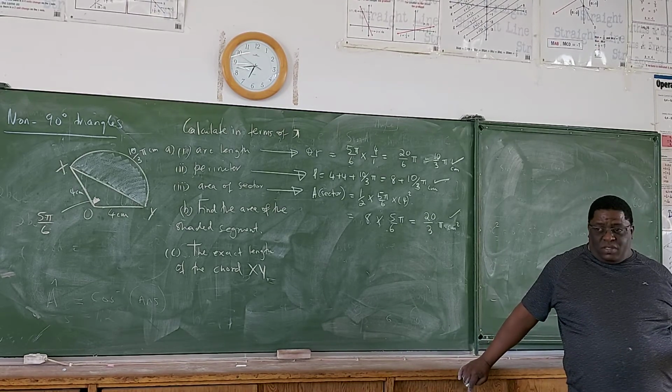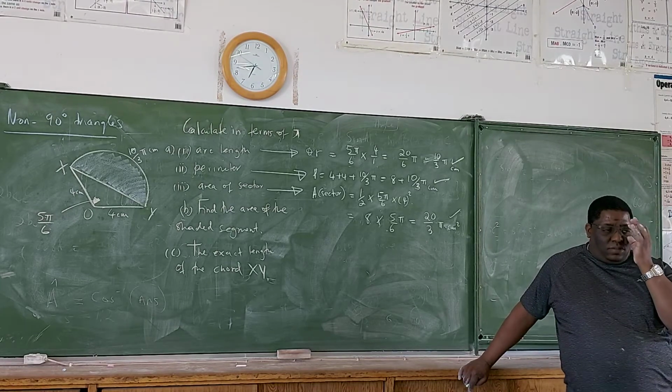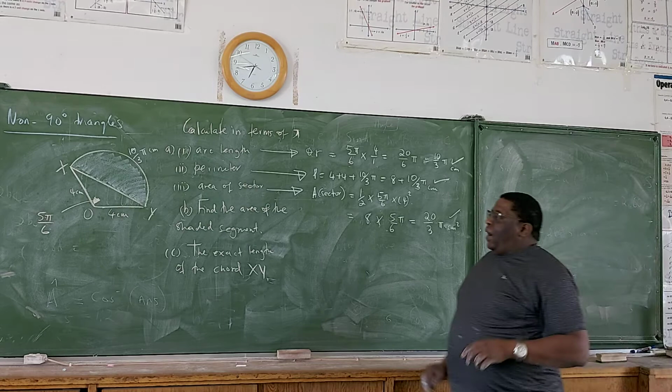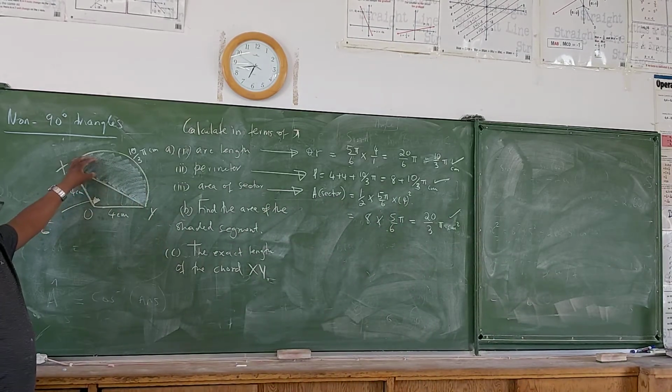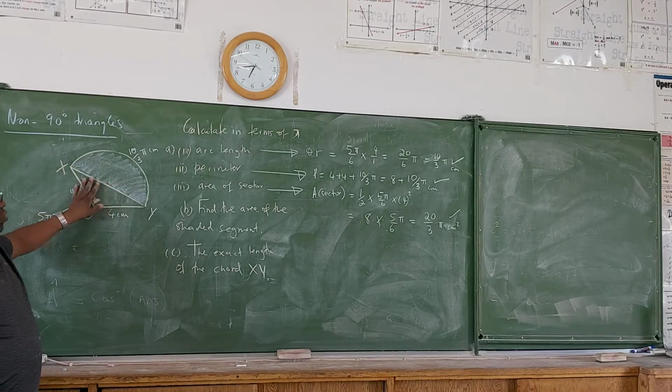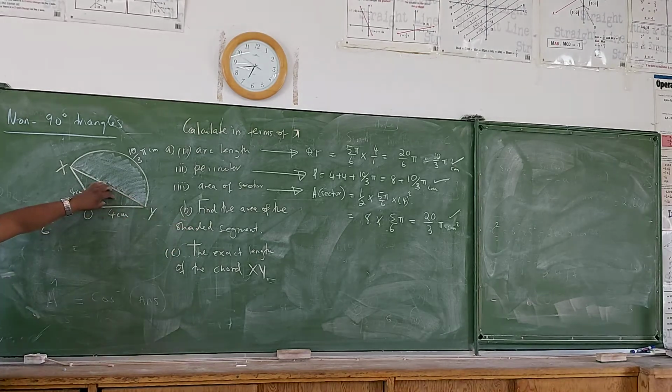We know the area of the whole sector in terms of pi. So we can find the area of the triangle and subtract it from the area of the whole sector.